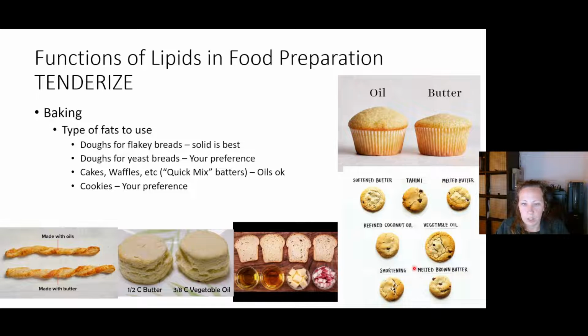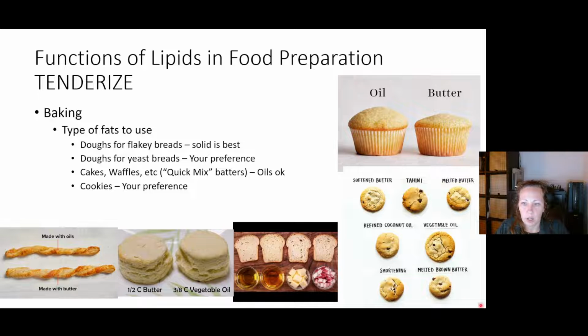And the other thing to consider, if you are substituting oils for butter, is that butter has water in it. Butter has between 10 and 20% water as part of it. And so if you're completely doing a full substitution of another fat, you actually have less moisture in your mixture. So that's something to consider.